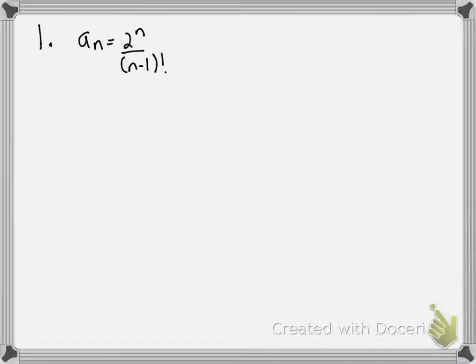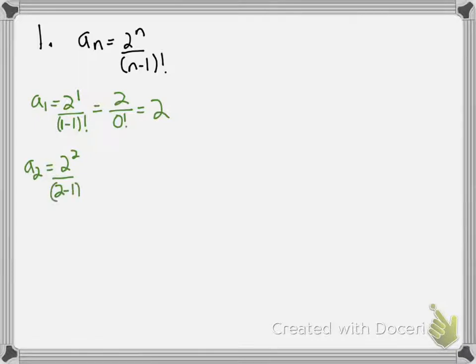So a sub 1 equals 2 to the first over 1 minus 1 factorial. So 2 to the first is 2 over 1 minus 1 is 0 factorial, which we know is 1. So our first answer is 2. A sub 2 is 2 to the second power over 2 minus 1 factorial.